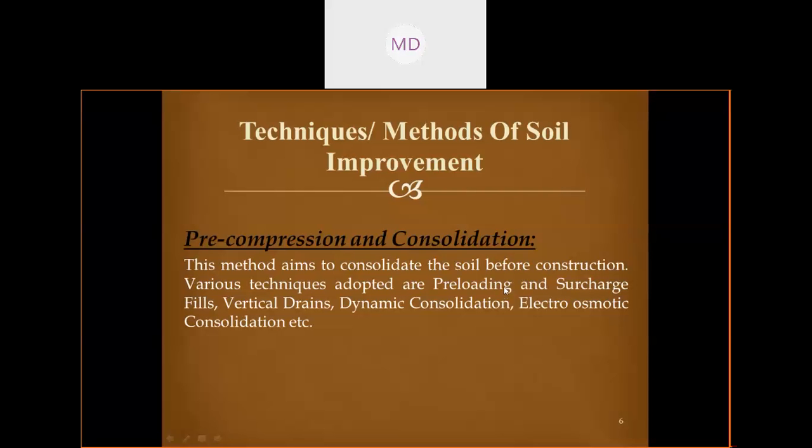If the time available is less, then you cannot apply only preloading. So along with preloading, vertical drains can be combined. Vertical drains are prefabricated drains. We will study this in detail later on. These drains are inserted inside the ground, and then the water is squeezed out, or removed, out of the ground surface.